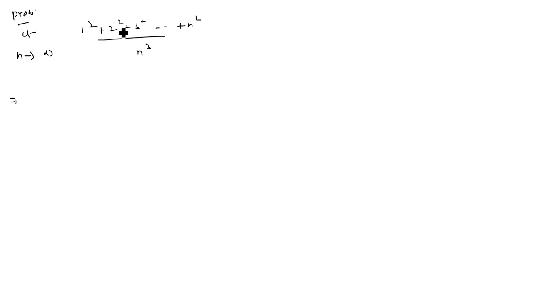So here we have no n terms, sum of terms. So therefore apply the formula for sum of squares, that is nothing but n into n plus 1 into 2n plus 1 by 6, by n cube.